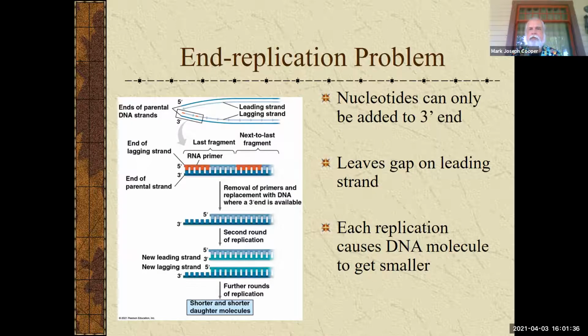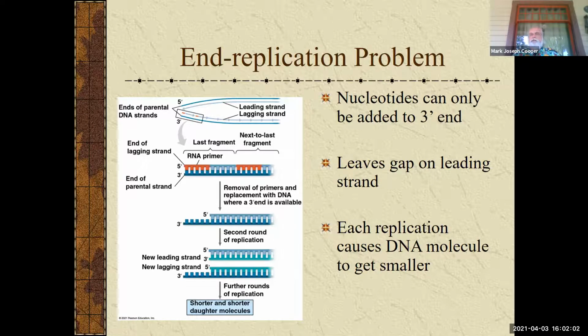Now, there is also what we call an end replication problem. Again, as I said several times, nucleotides can only be added to the 3' end. On the leading strand, there's always going to be a gap, and that gap is where the primer is. Once that little primer is removed, we can't add nucleotides on that end.